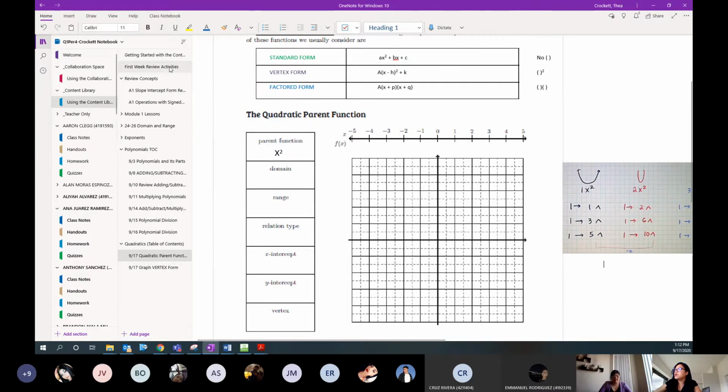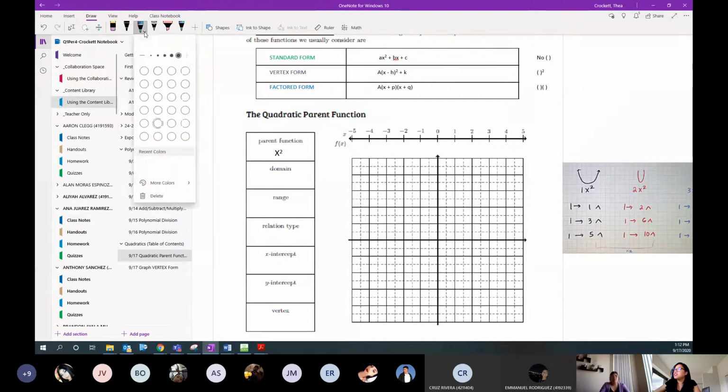Okay. So for the parent, we're going to draw using the draw tools. So click the notebook, click on draw, and we're going to use the pen. So find the pen, and then change that.